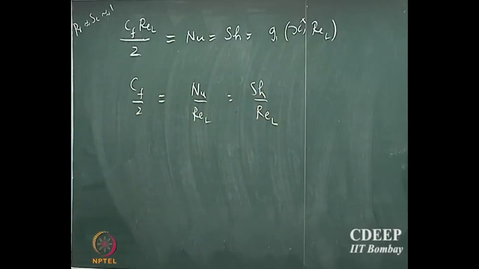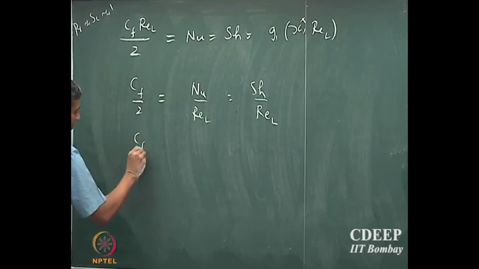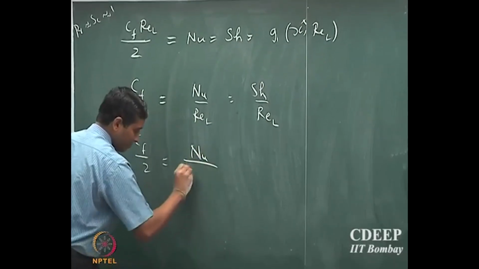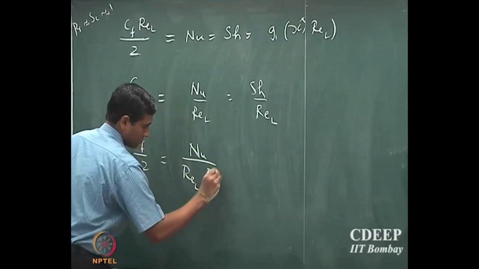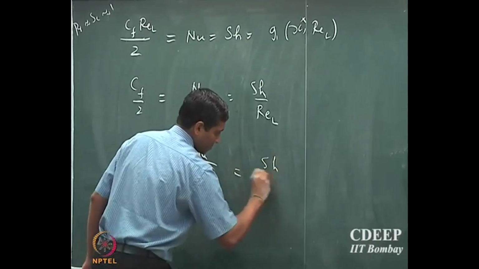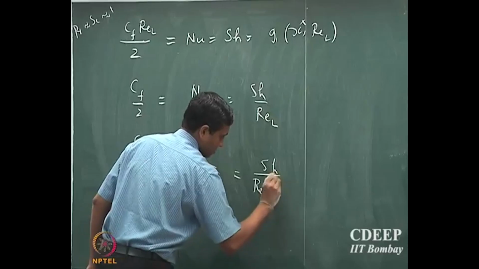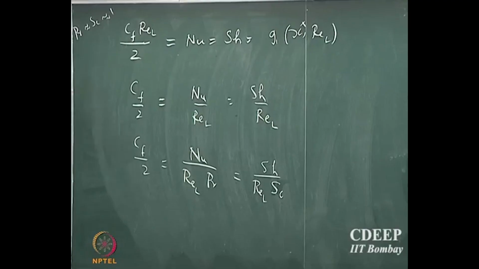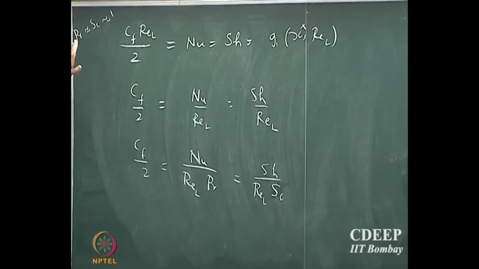And because we assume this to be 1, we could also rewrite this as Nu by to Schmidt number, simply because we assume Prandtl and Schmidt is almost equal to 1.